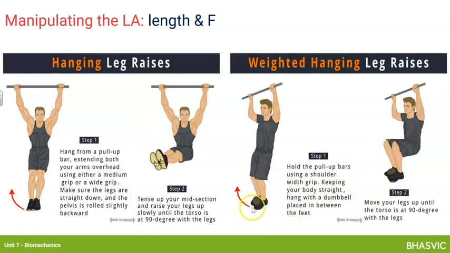However, if they just did a bent knee leg raise, ignoring the fact that they've got a weight in their feet, that would be easier. The load arm is shorter, so less counterclockwise torque. If they add a weight, of course, they're adding a downward force, they're adding counterclockwise torque. So we manipulate what we do a lot of the time.